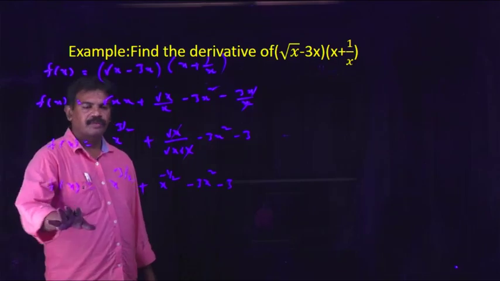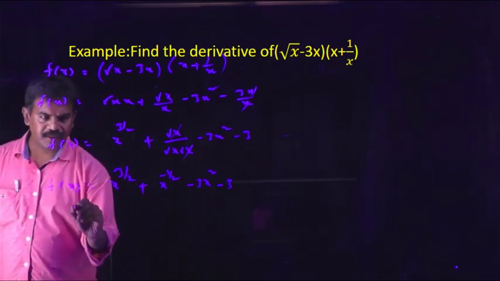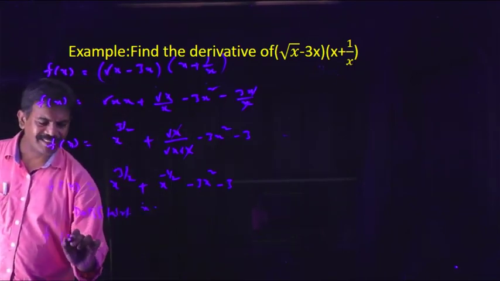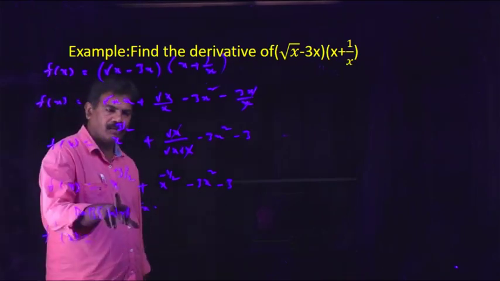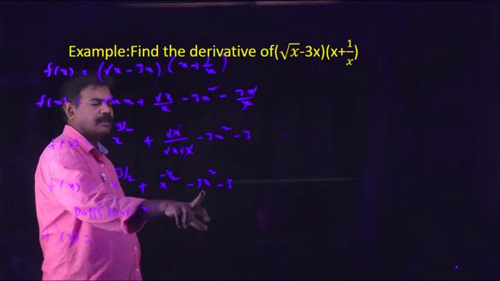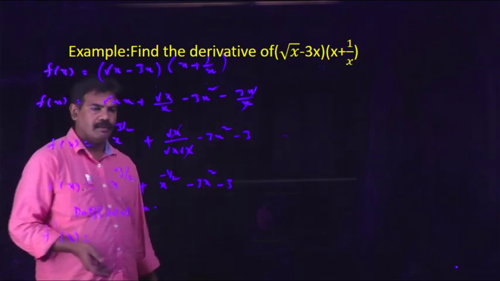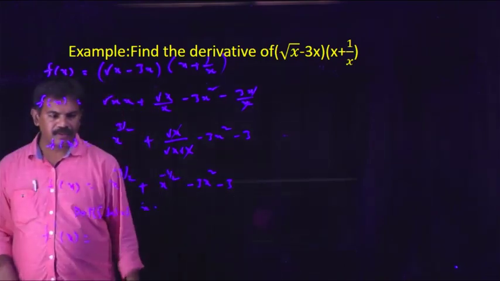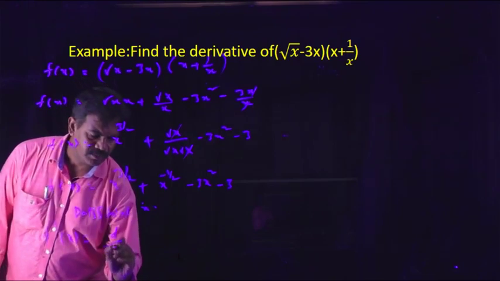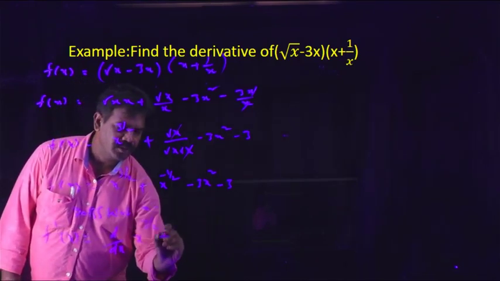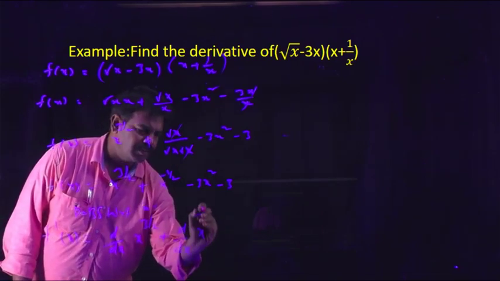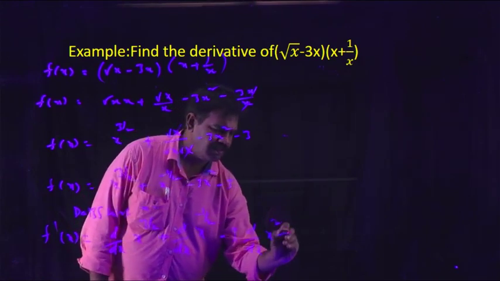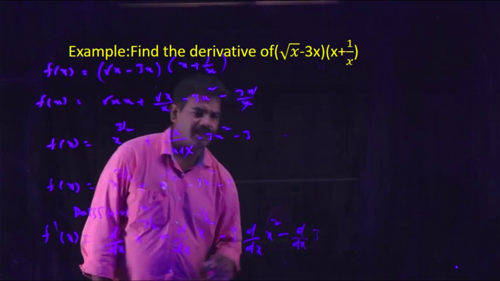So now differentiating the function. Differentiating on both sides with respect to x, we have four terms here, like u plus v plus w plus another term. So d/dx of x^(3/2) plus d/dx of x^(−1/2) minus 3 times d/dx of x² minus d/dx of 3.